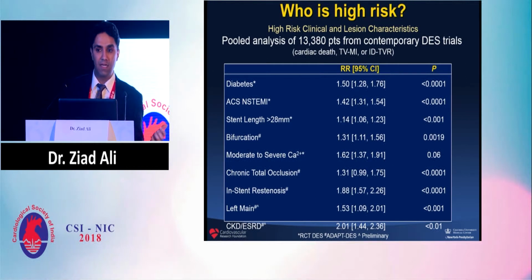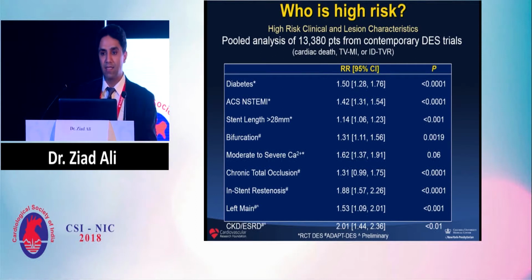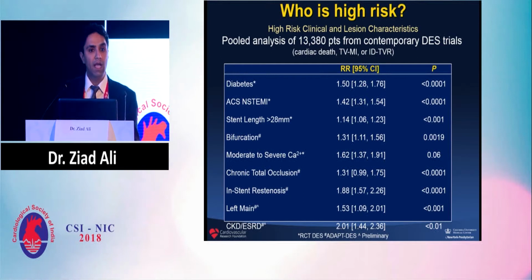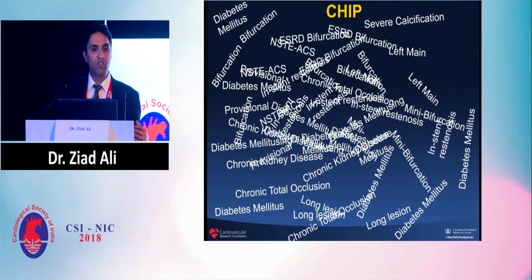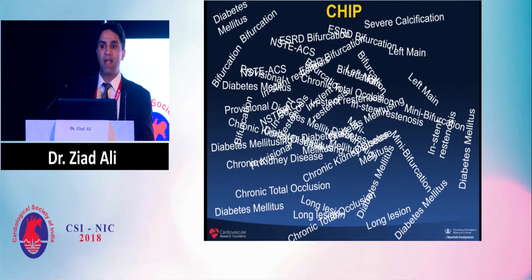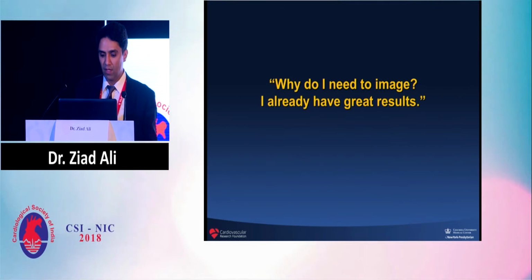When the patient comes into the lab, you know that diabetics and long lesions and bifurcations, severe calcifications, CTOs, ISRs, left main, and end-stage renal disease and CKD are more likely to lead to a target vessel failure. But here's the evidence. And actually, this concept of CHIP, unfortunately, is not dichotomized. It's overlapping. There are diabetic patients with bifurcations who also have a CTO, which actually creates a synergistic effect.